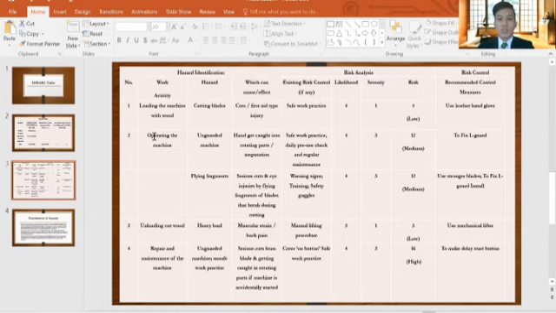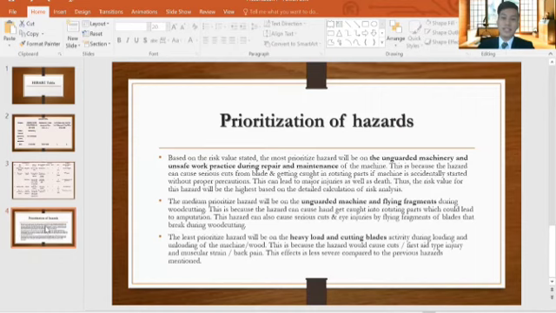So to conclude, a prioritization of hazards must be done based on the hierarchy table stated here. Before I start explaining the prioritization of hazards, in prioritizing hazards, there is no right answer.